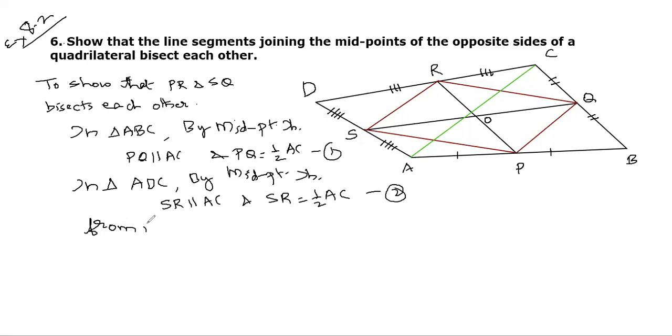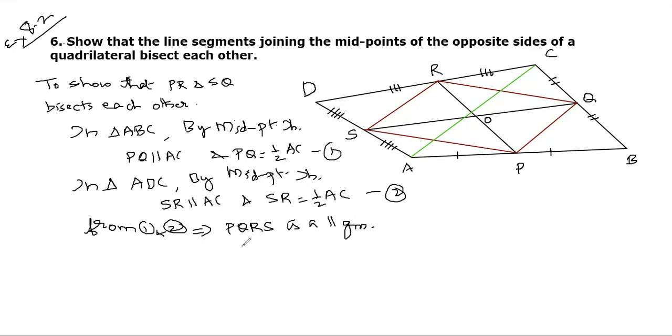So from first and second, we get PQRS is a parallelogram, and in a parallelogram diagonals bisect each other.